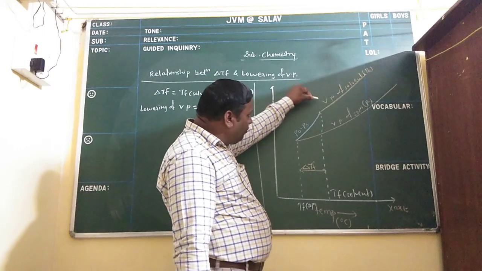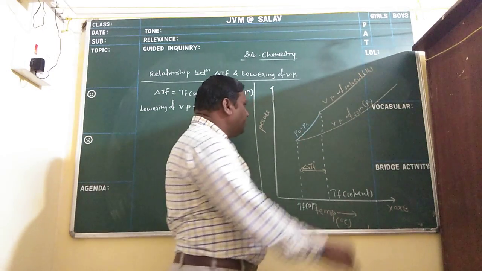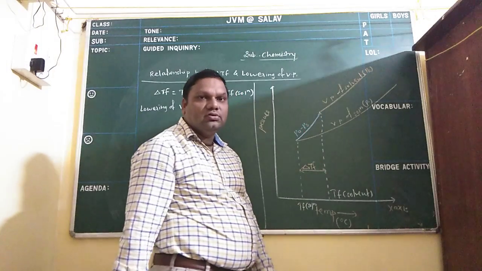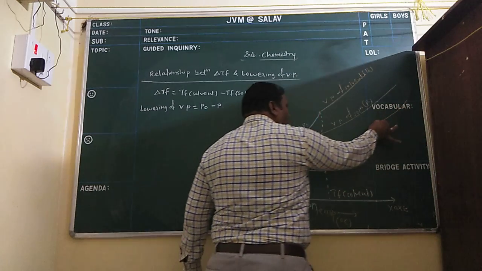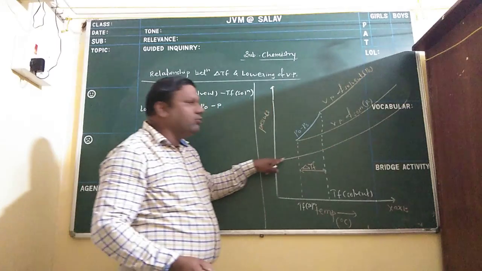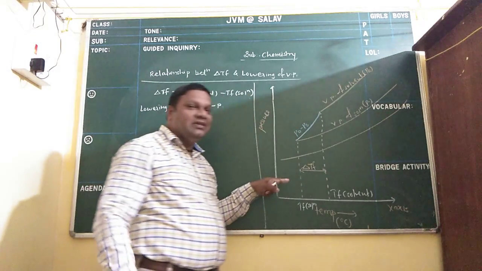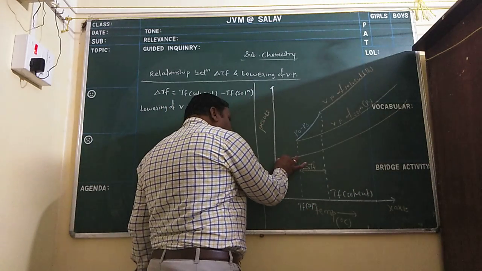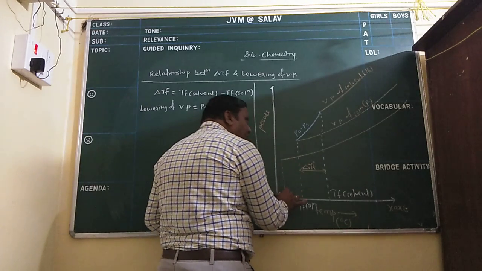So by using this graph, P0 minus P is directly proportional to del TF. If we increase the concentration of solution, the vapor pressure will decrease even more, right? So vapor pressure decreases again if you are adding more solute, so definitely the freezing temperature also decreases.